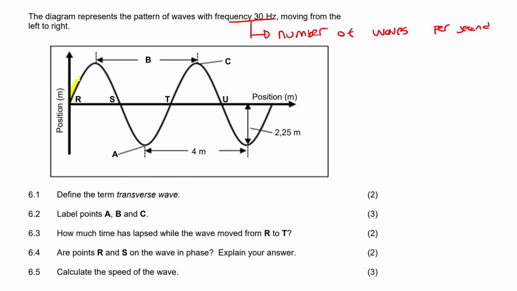And a wave goes the up and the down part. That is a wave. So in this question, there are actually 2 waves that we can see. Here's the second one. Okay. So frequency means number of waves per second. So in 1 second, if you were standing over here, you would see 30 of those waves coming past. So they're moving quite quick.